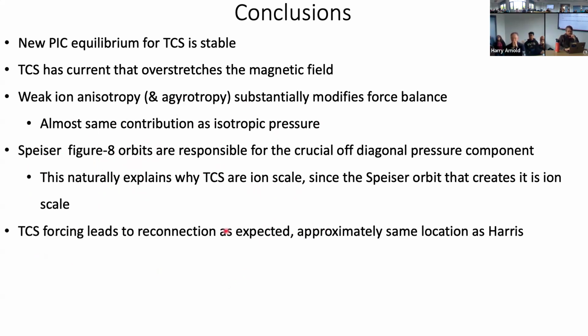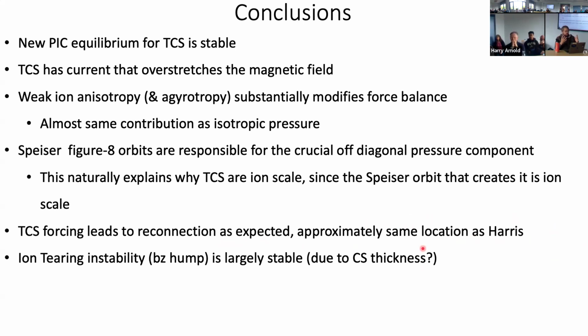When we force thin current sheets, we get reconnection as expected. The surprise is that it's approximately the same location as the Harris current sheet, which makes me wonder about this driving electric field and how it can play a role in the resulting current sheet dynamics. The Bz hump instability without driving seems to be stable.